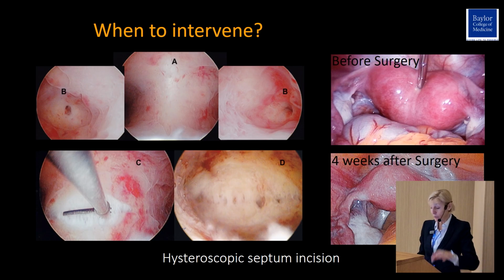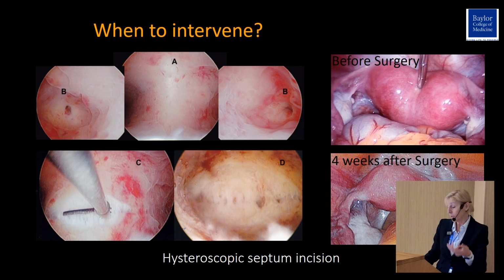I use the resectoscope in that way, but I never take a specimen because it's only the apposition of the anterior and the posterior wall that I'm addressing, and so I'm just dividing the septum in between, and I go right in the middle, and I just go all the way up to the fundus, keeping the tubal ostia always inside.